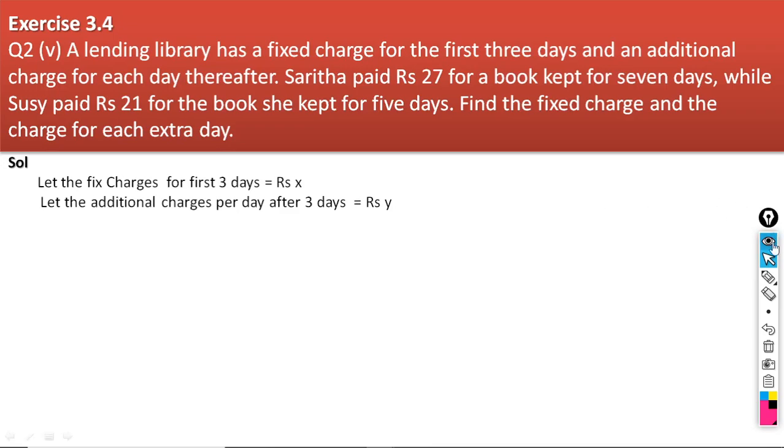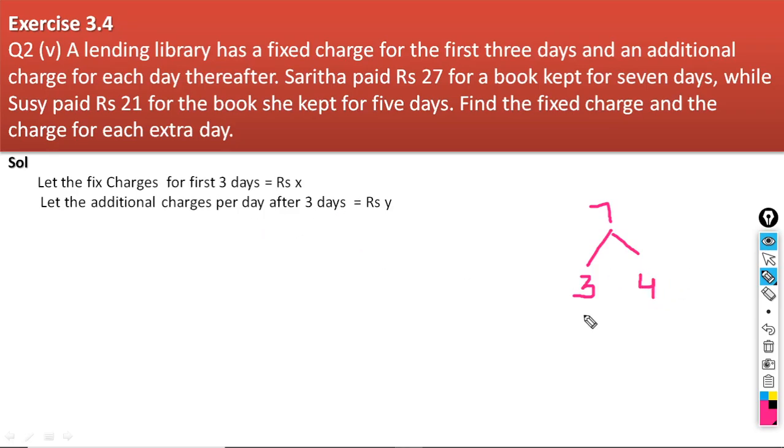So students, in the first case, if you observe the statement carefully, Sarita paid rupees 27 for a book kept for 7 days. Now these 7 days you have to break into two parts. First 3 days, because for 3 days the fixed charge has to be paid, and then we have 4 days. For 4 days she has to pay the charge per day.